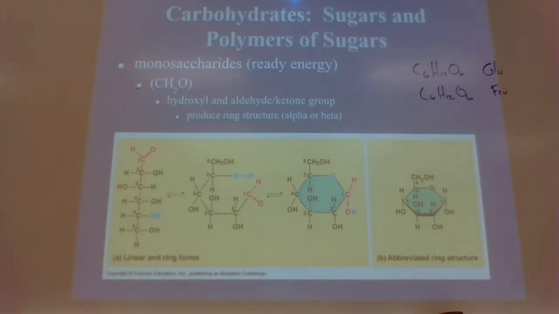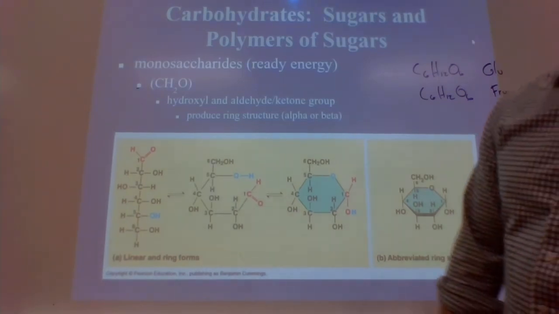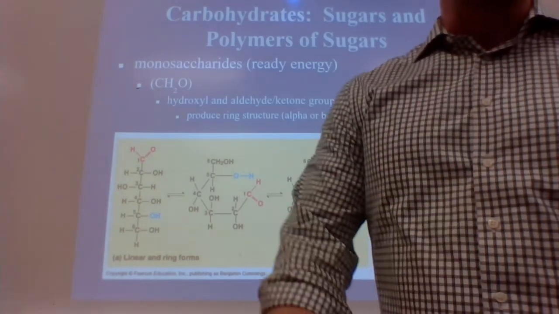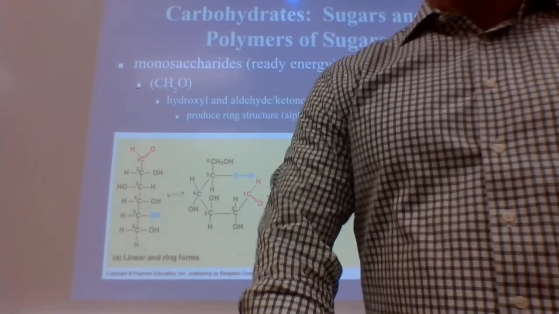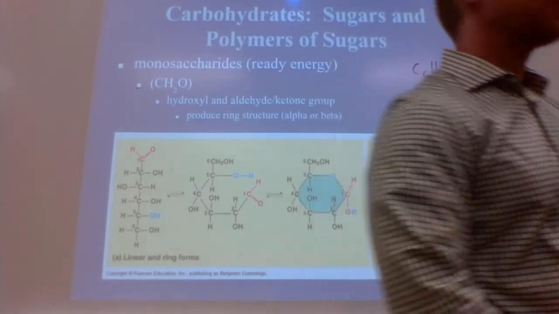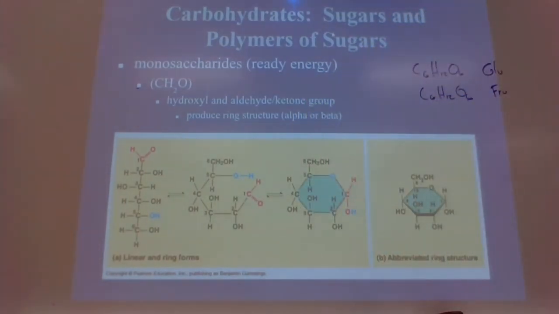They have the same molecular formula, but they have a different arrangement of atoms. Which one of those two do you think our body prefers? Glucose. Do you think our body likes fructose much? No. Right? One of the issues with high fructose corn syrup.